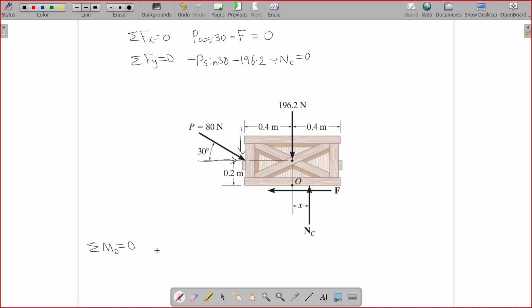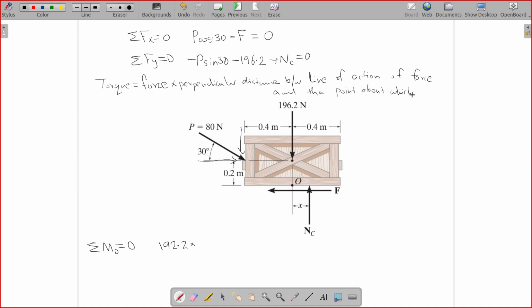What is the torque due to that force? Torque due to a certain force is equal to that force multiplied by the perpendicular distance between the line of action of the force and the point about which you calculate torque.